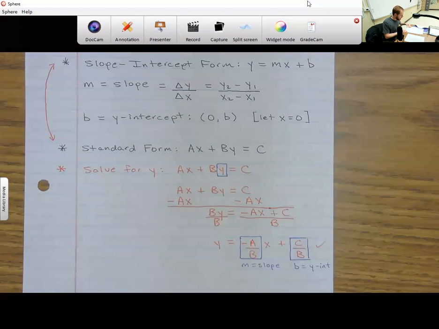And we'll take a look at a few of those. And we'll see if we can go back and forth between standard form and slope-intercept form. Okay. I'll leave that up there for a minute.